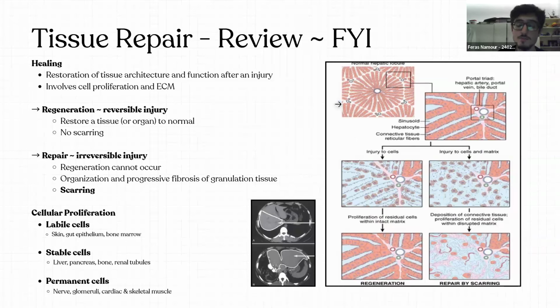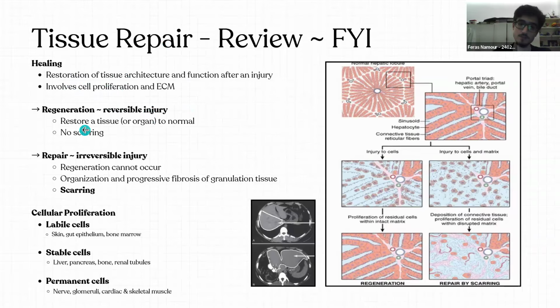Let's discuss tissue repair briefly, for your info more than anything. So tissue repair, as we said, comes at the very end. Maybe it's a resolution to acute or maybe chronic inflammation. It involves restoration of the tissue architecture, and it depends on cell proliferation and also the extracellular matrix. We have two kinds.